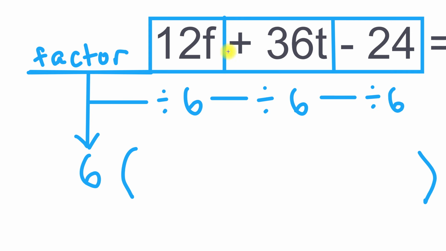All right. So each term here is going to get divided by 6. The result of that division will go down inside our parentheses to create our factored form for the expression, where 6 is our factor.